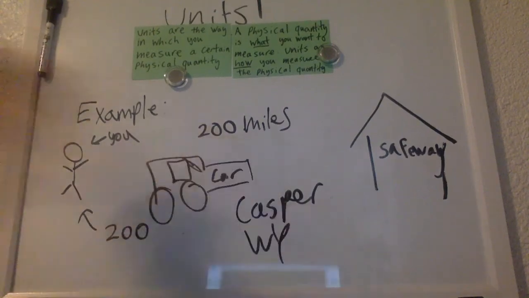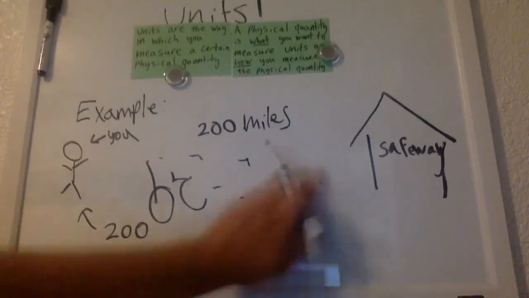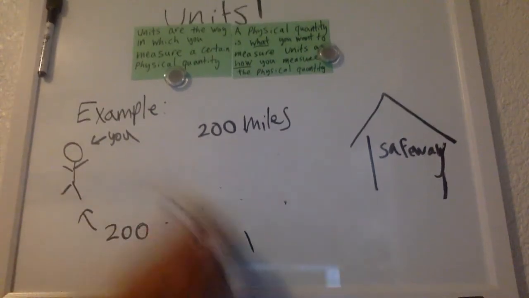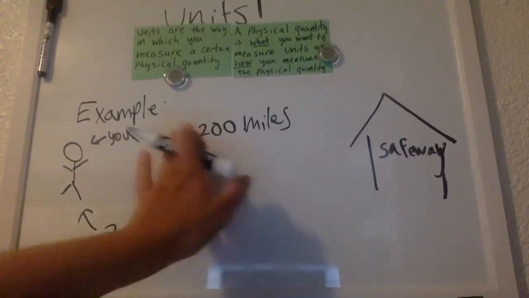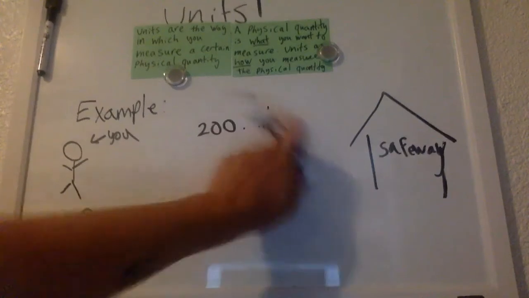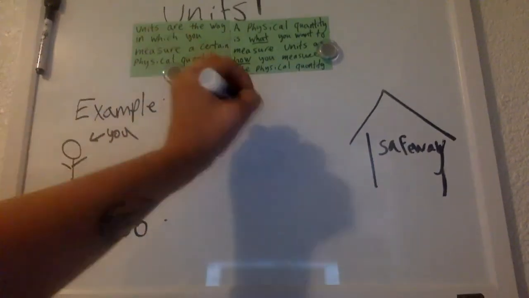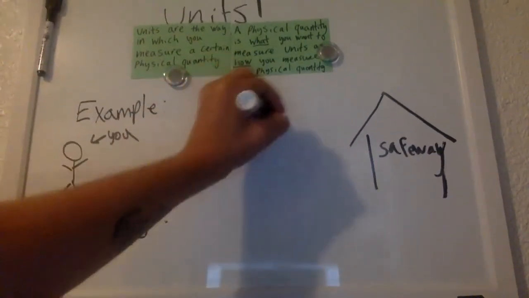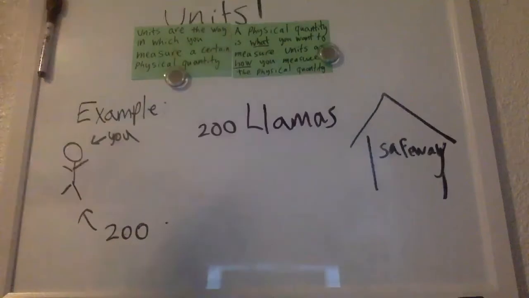And they're like, is this Safeway? Nope, it's not Safeway. What if they assumed instead of miles, if you just said 200, that could be 200 llamas, right? Like if you don't say a unit on there, it could be 200 llamas.